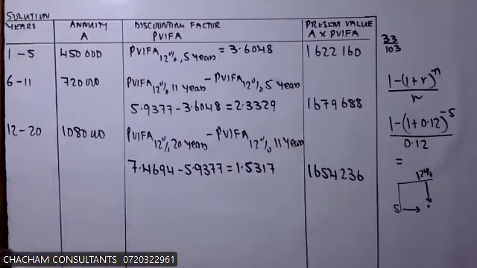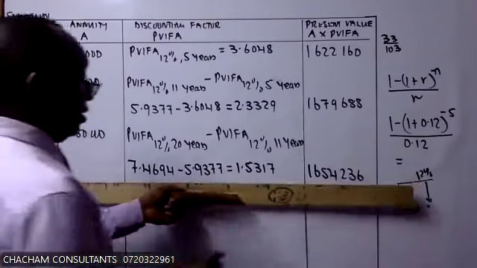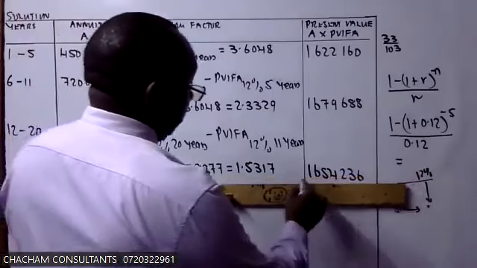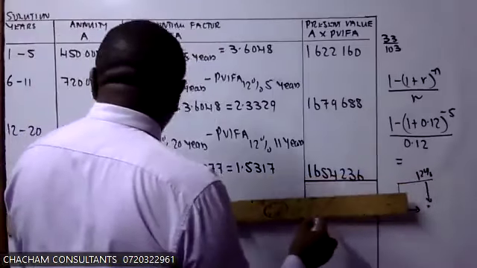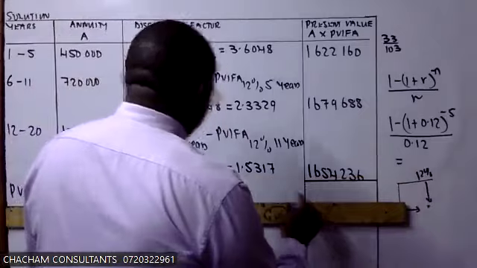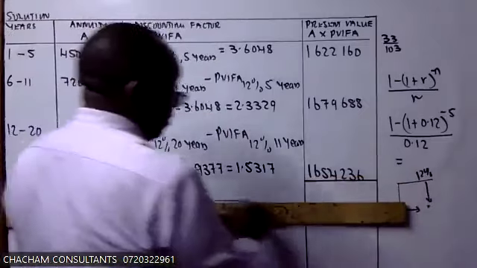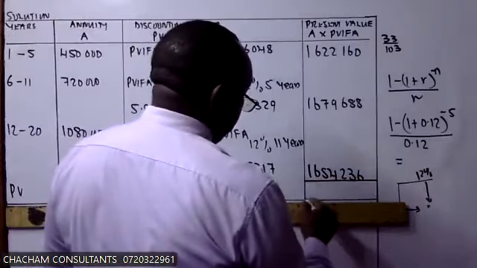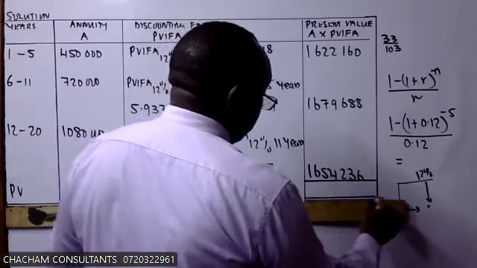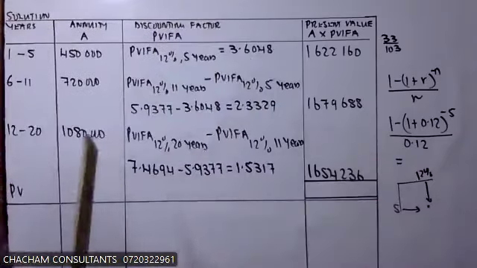So the present value, you just now add these three. You just add those three.